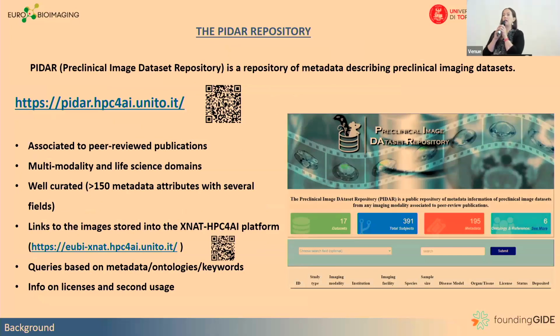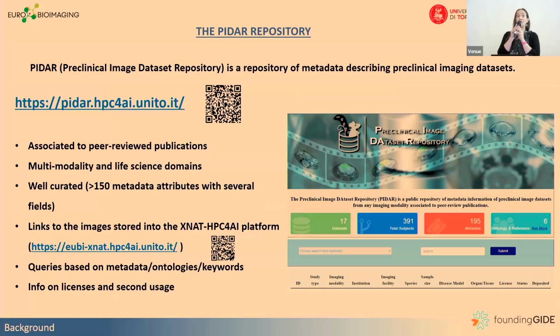So this is why at the medical imaging hub of Euro-BioImaging in Torino, some years ago, they started this initiative of the PIRAR repository, so you can find the link there. And this is a metadata repository. It is associated to peer-reviewed publications.